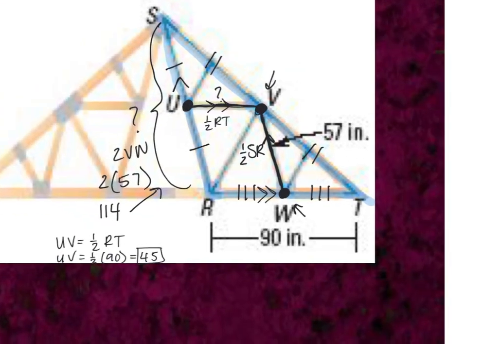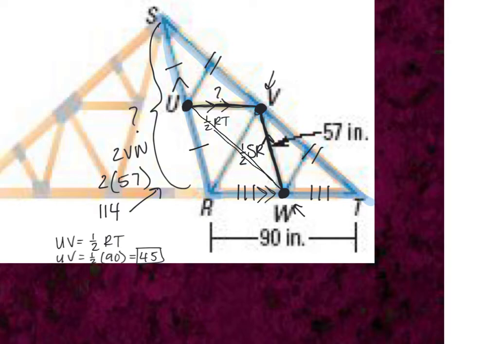ST, nope. It's not drawn here. Remember, mid-segments are from midpoint to midpoint. What's the two midpoints that have not been connected? UW. Very good, UW, okay? This is our last mid-segment.